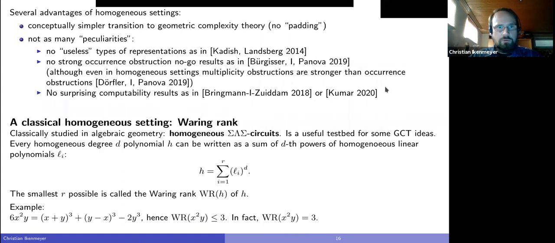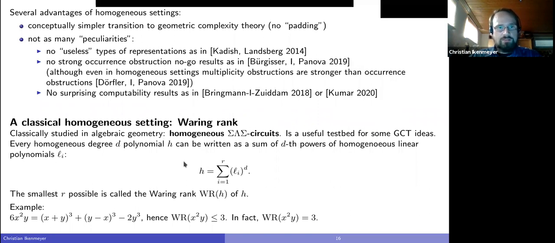But we want to do a homogeneous setting. Actually, it's also very classical to have a homogeneous setting, because Waring rank, for example, is one of the examples that has been studied in algebraic geometry for a long time, and that's a homogeneous setting. It's about homogeneous sigma wedge sigma circuits, and it's a useful testbed for GCT ideas.